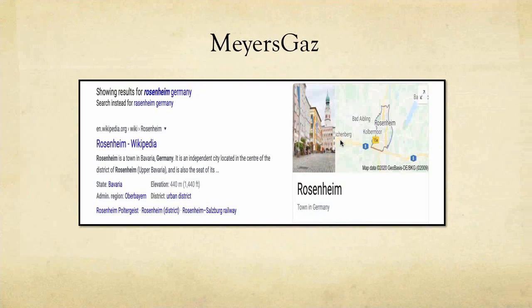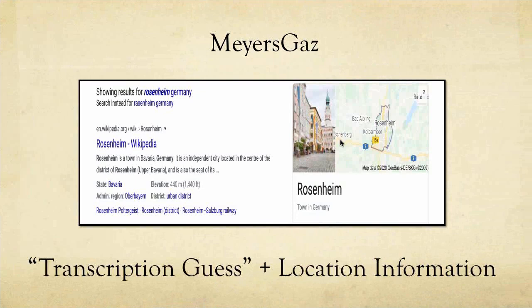I'm going to show you the results for Rosenheim, Germany. So letting Google guide you, letting Google correct you, by typing in your transcription guess plus a region or a country or a state can really give you a lot of clues to put you in the right direction.